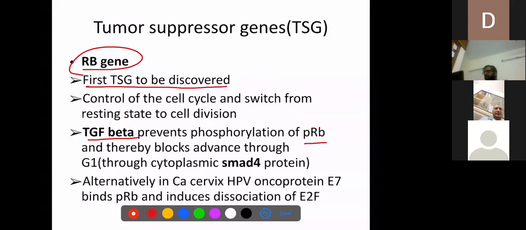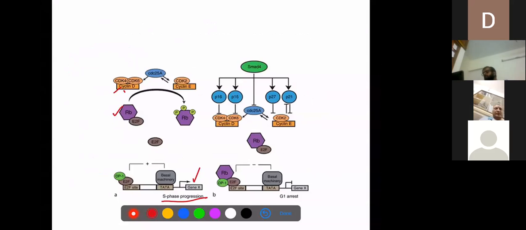Cyclin D phosphorylates the retinoblastoma protein, but this TGF beta, by activating the SMAD4 protein in the cytoplasm, activates P16, P15, P27, and P21. This P16 we already know about. I told you how it inhibits. It is a cyclin inhibitor.